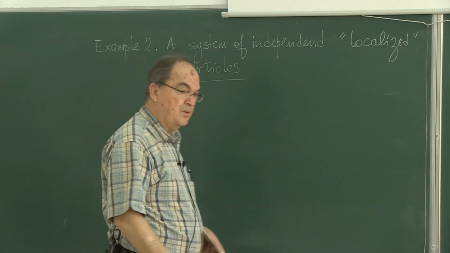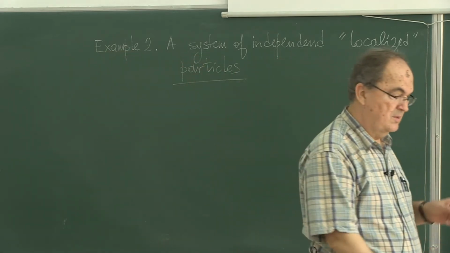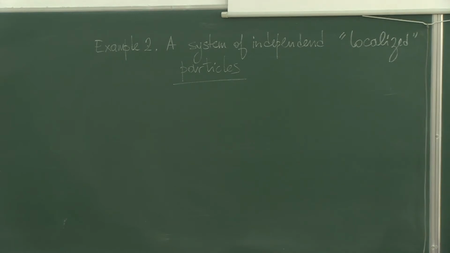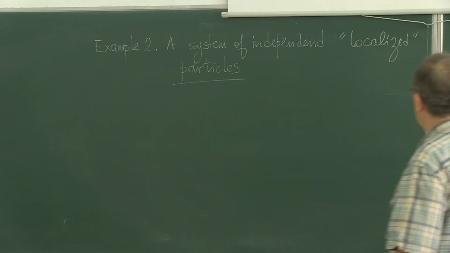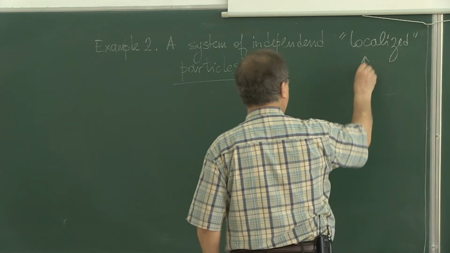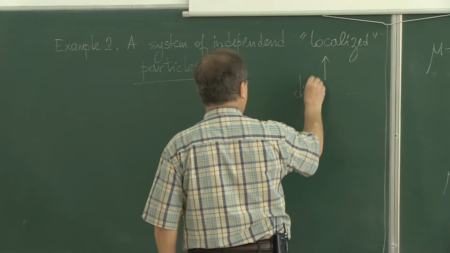What is the meaning of localized particles? What does it tell you about them? Distinguishable. Localized means they are sitting at certain points. So by their positions, we know where they are, which particle is at what position. So they are completely distinguishable.